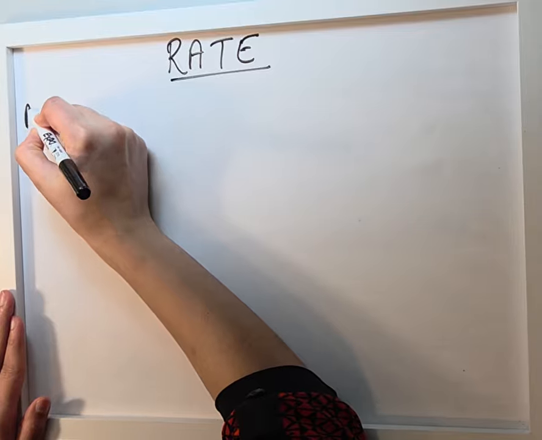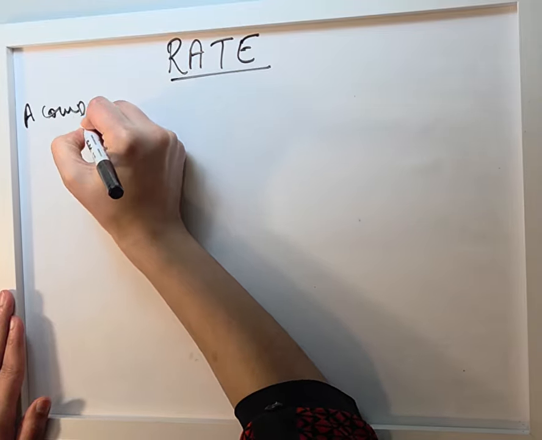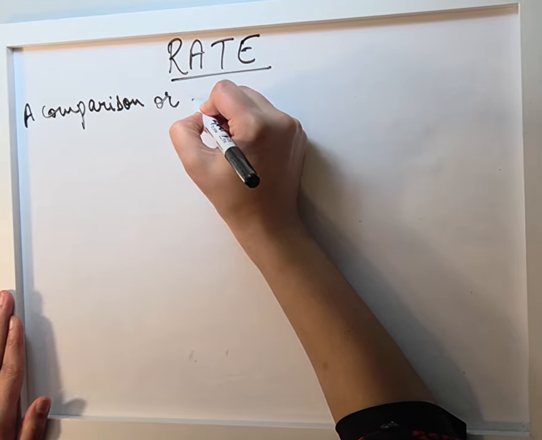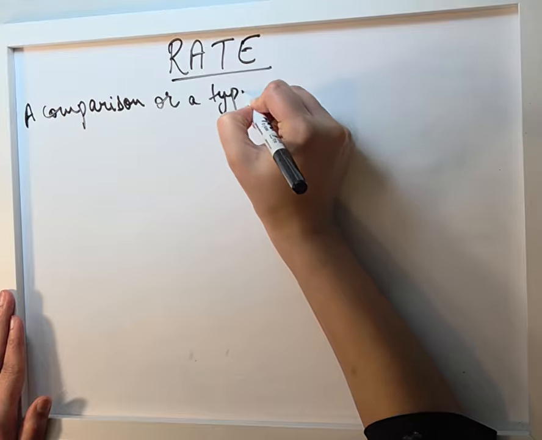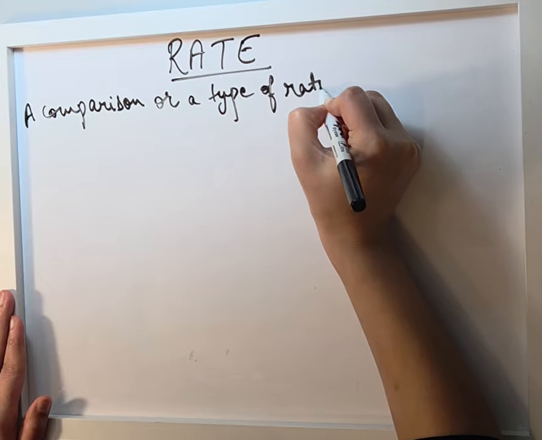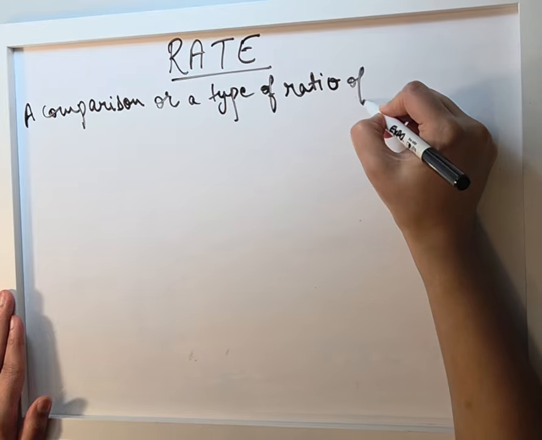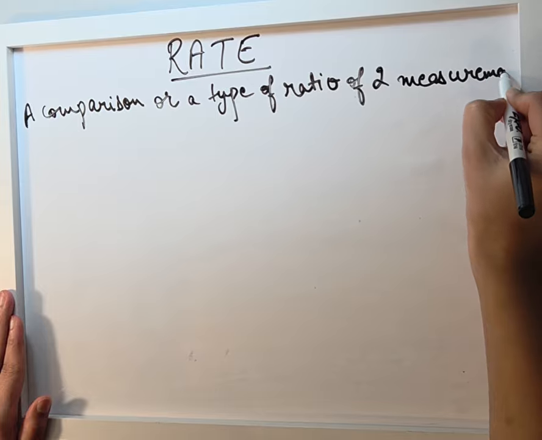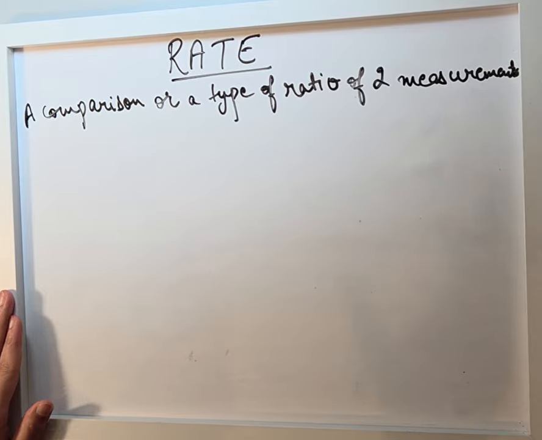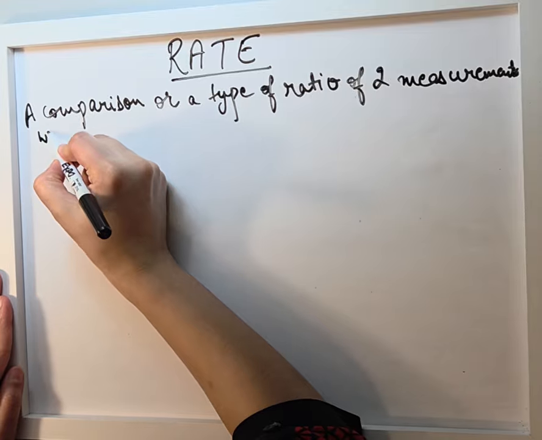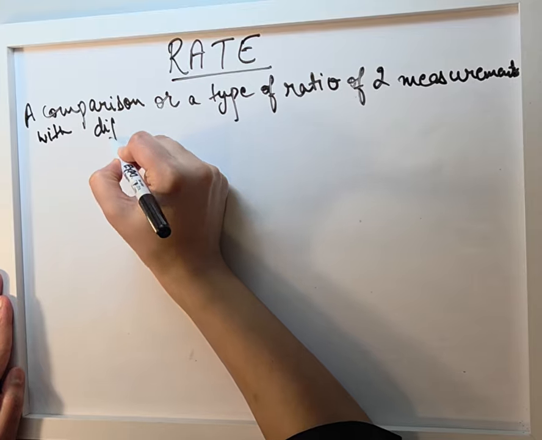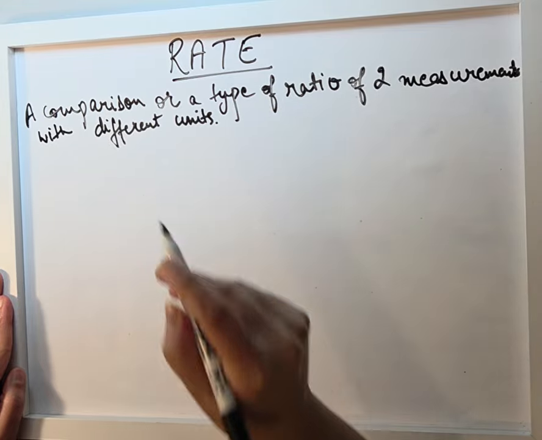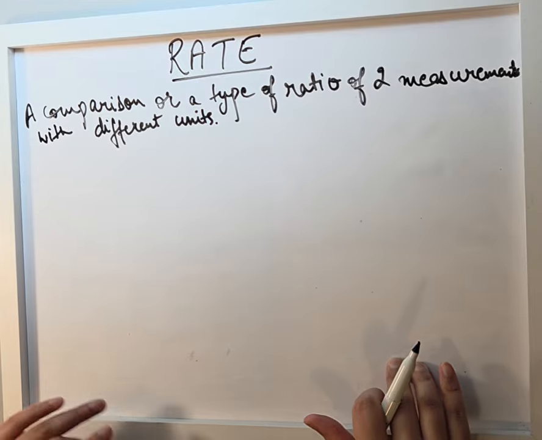So we can say a rate is a comparison or a type of ratio of two measurements. Ratios don't always talk about units or measurements. A ratio with different units is called a rate.